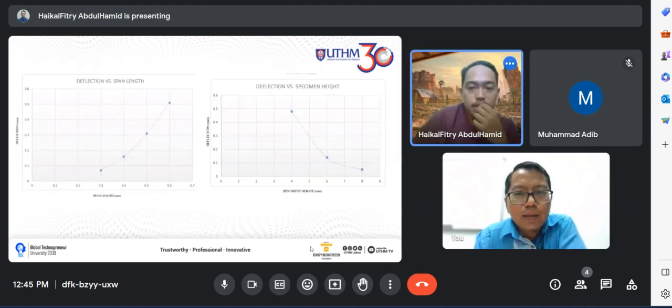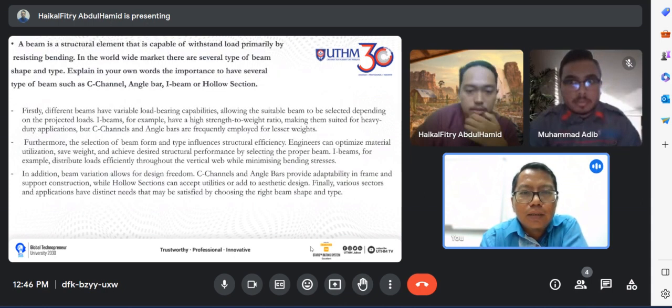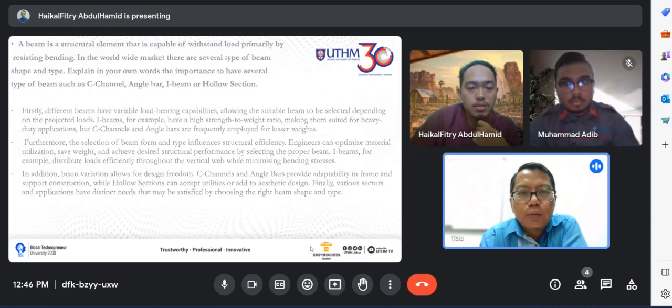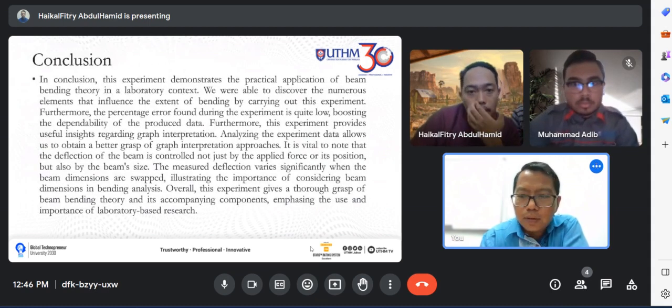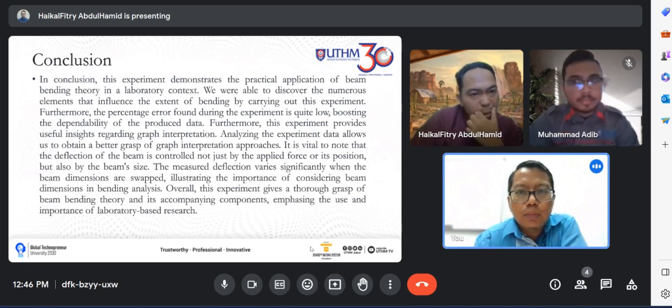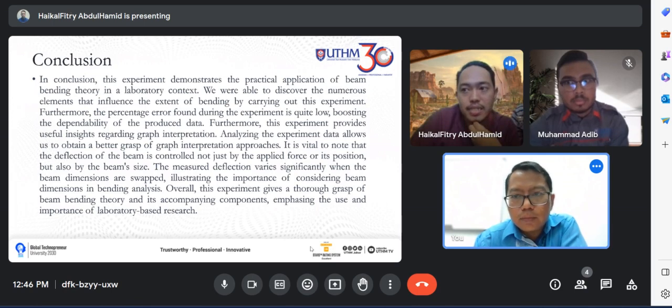This one. I'm asking you why the value of the deflection decreases or increases. And your answer is based on the Young modulus. Is it correct or not? Yes.